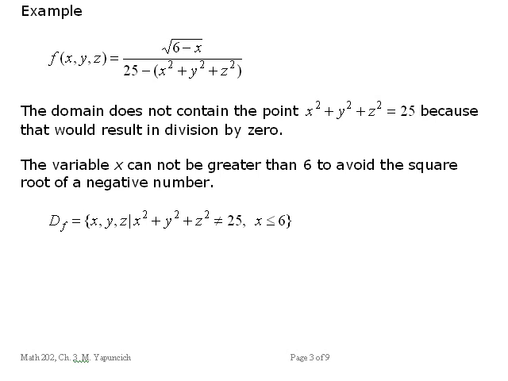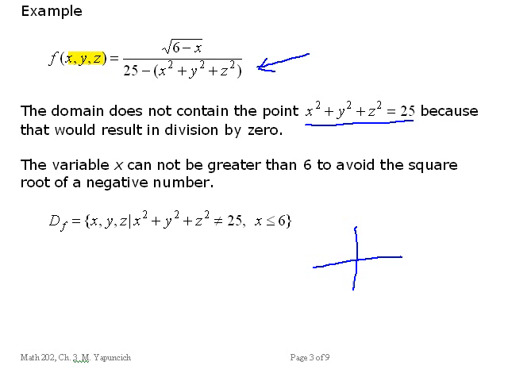So here's an example for a rational function in three dimensions, x, y, and z. So it's a three-dimensional function. Looking at the denominator, of course, you can't divide by zero, so that means x squared plus y squared plus z squared cannot equal 25, or you would have a zero in the denominator. Think about what that looks like.